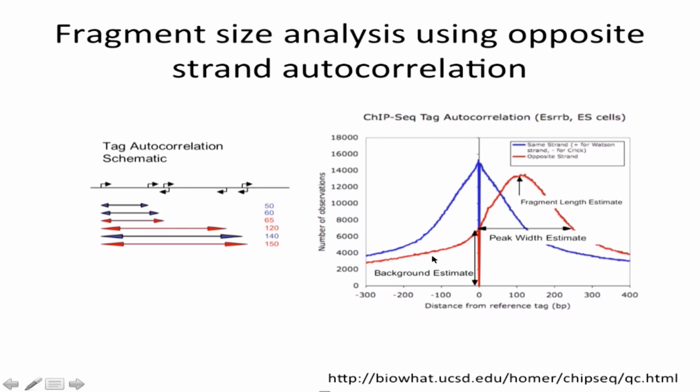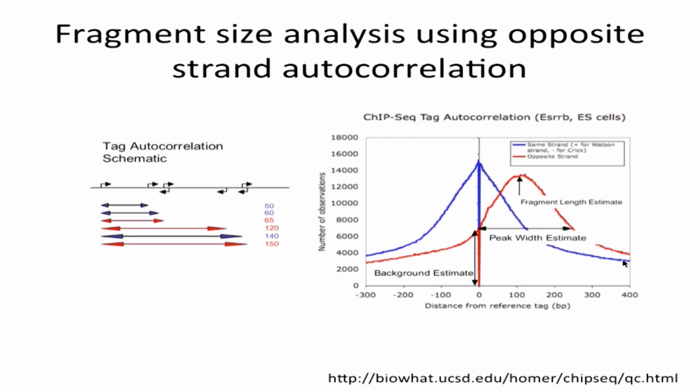And what you can do is the other analysis, which is to look at a read in one direction, blue reads, and look at what's the closest read in the other direction, the closest red read like this. And if you were to plot the distribution of these distances, you would see that the second distance is actually like this. And the shift between the two distributions gives you information about the length of the DNA fragments.